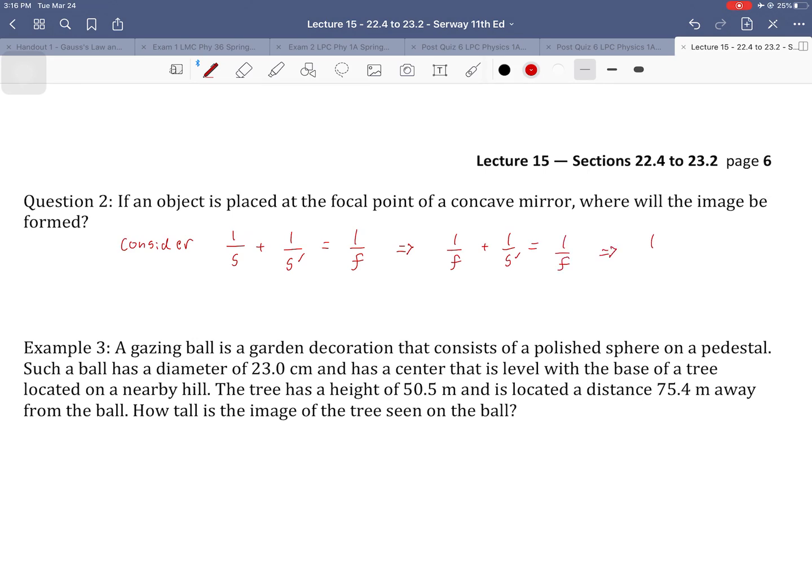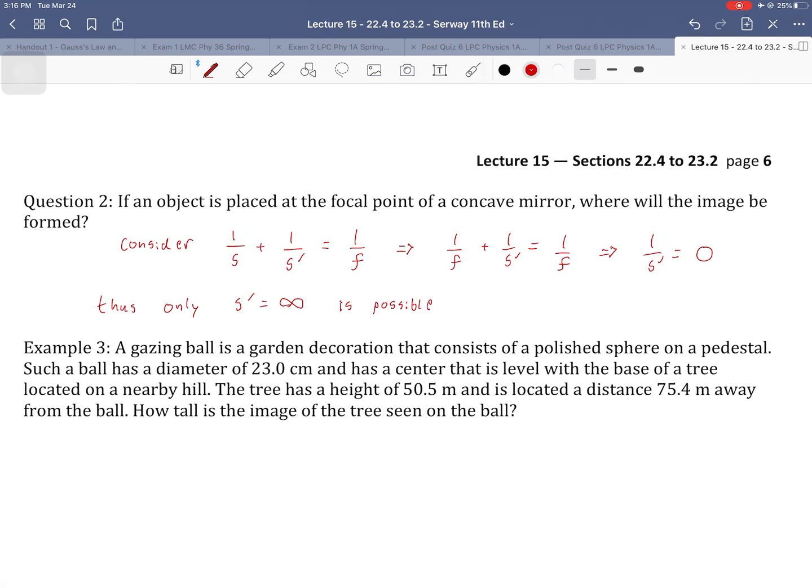Huh. Well, that means that 1 over s prime is just equal to 0. Oh, that's weird. That's telling us that our image must be infinitely far away. Thus, only s prime equals infinity is possible.